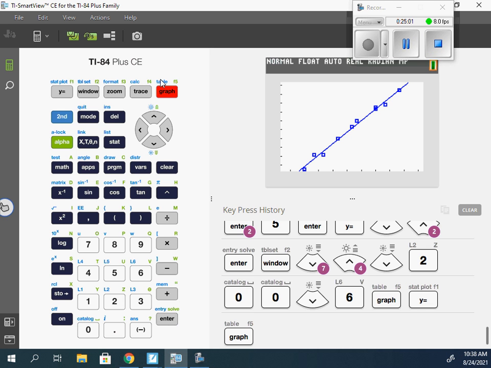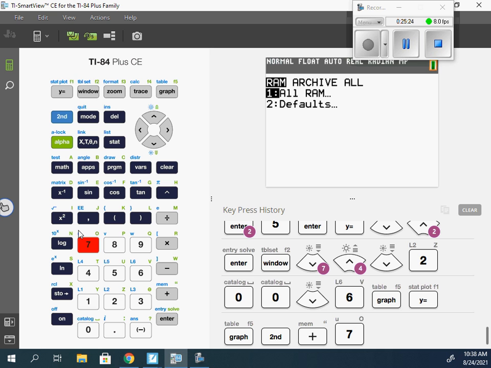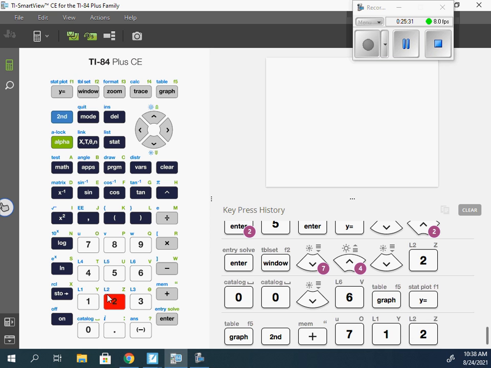So let's move on to the last part that we're going to do, okay? You ready for the next part? So we're going to go second, plus, 7, 1, 2.